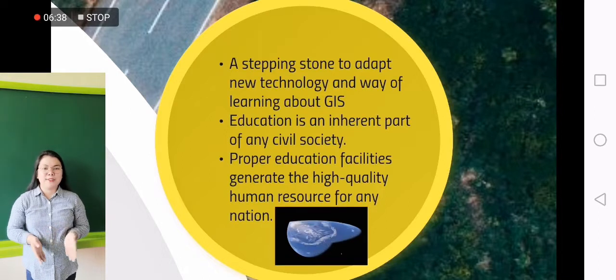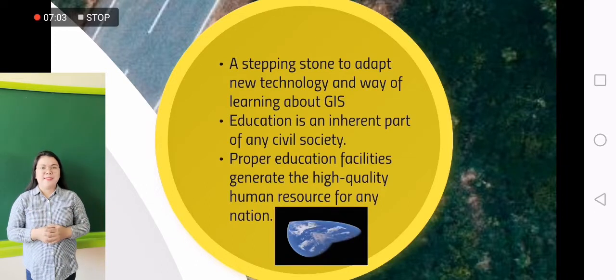Proper education facilities generate high quality human resources for any nation. Therefore, the government needs an efficient system that can help it in analyzing the current state of education and its progress. It also needs a system that can support decision making and policy framing.